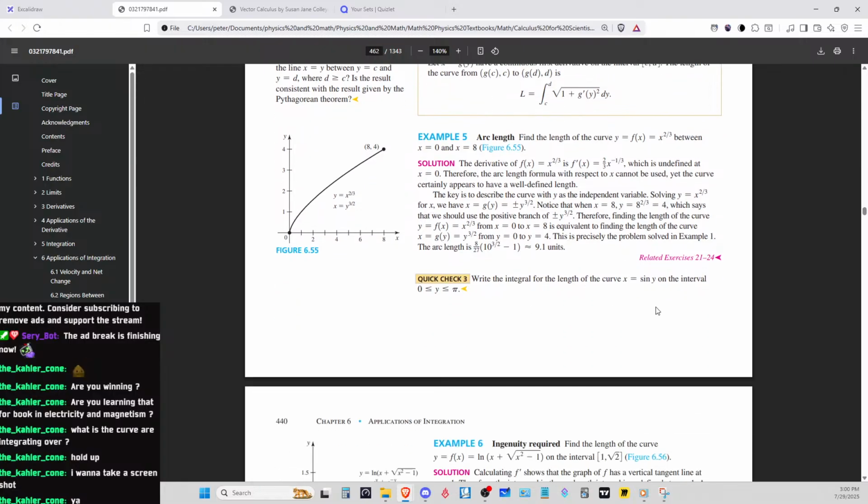Write the integral of the length of the curve of x. Where y is, okay, so we're going to have to do this with y. So the way they did it here is that we have to take the derivative.